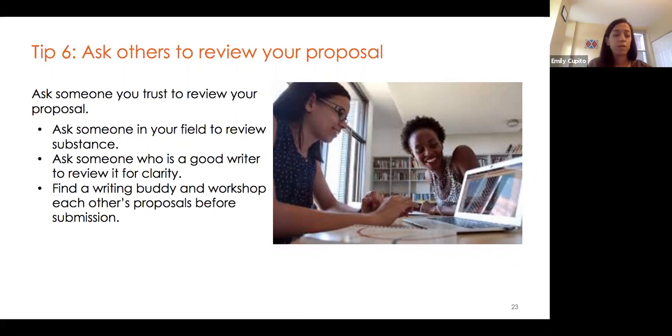But you can also ask people who are not in your field for the clarity of writing. Your language should be clear enough that even someone who does not know the literature at all should be able to understand what you're adding and what your methods are. So someone who has no background can really be a great check on that clarity.